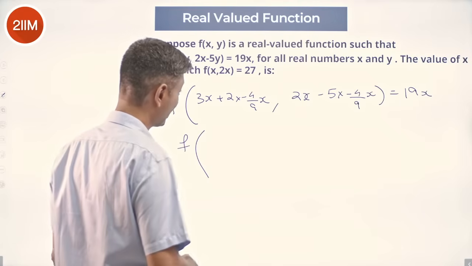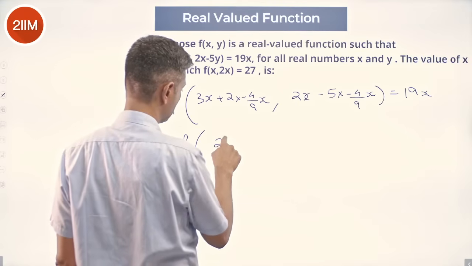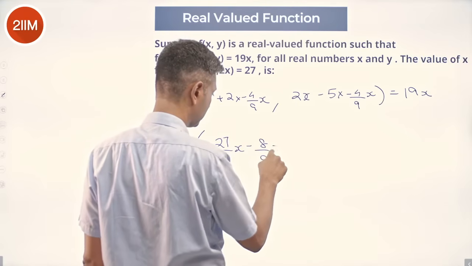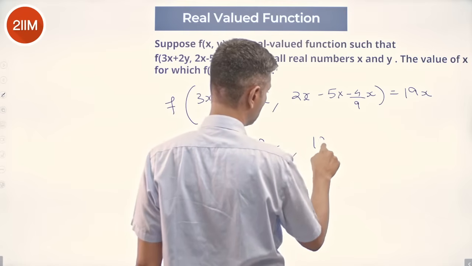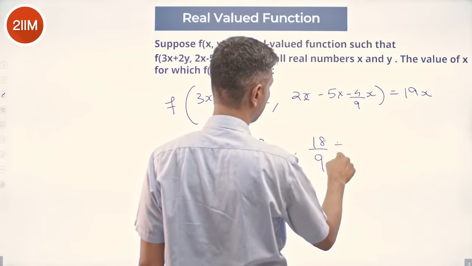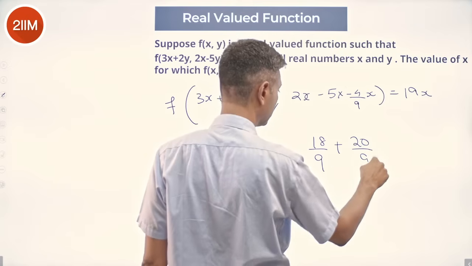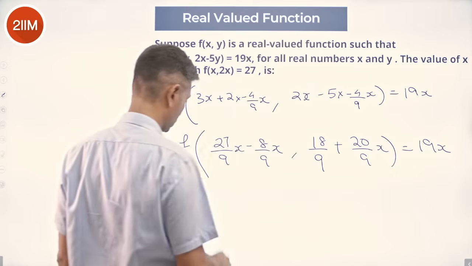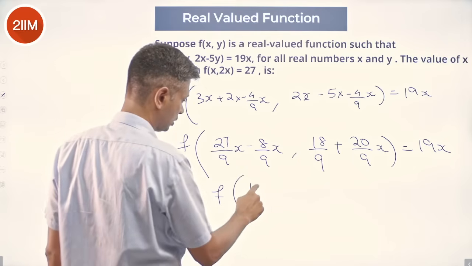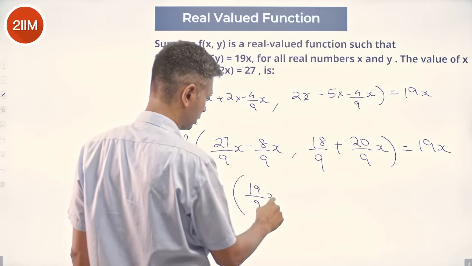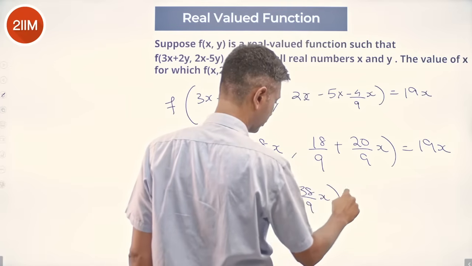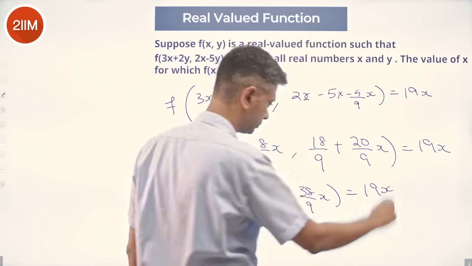3x minus 8 by 9x, that is 27 by 9x minus 8 by 9x, comma 18 by 9x plus 20 by 9x equals 19x, or f of 19 by 9x, comma 38 by 9x equals 19x.